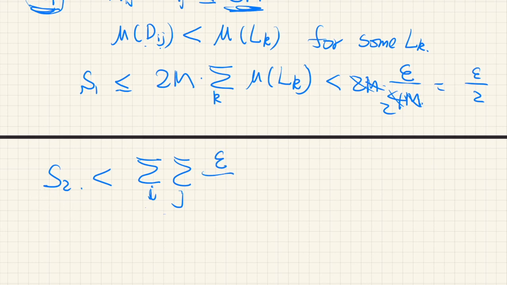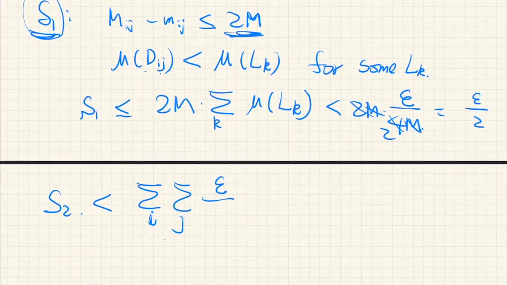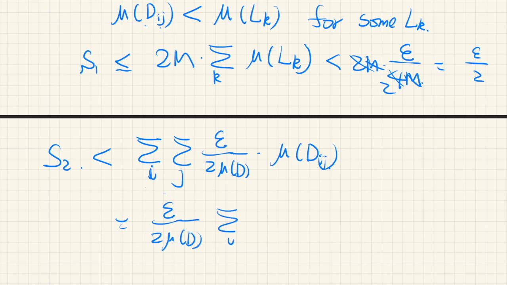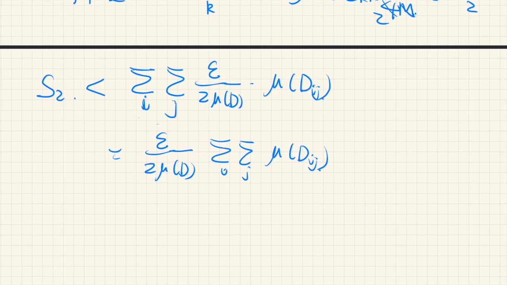So epsilon over 2 mu of d times mu dij. Okay, so this is constant, so we can take it out of the summation. And again, we insist that this summation is not for all ij's, but only for those that are involved in the sum S2.